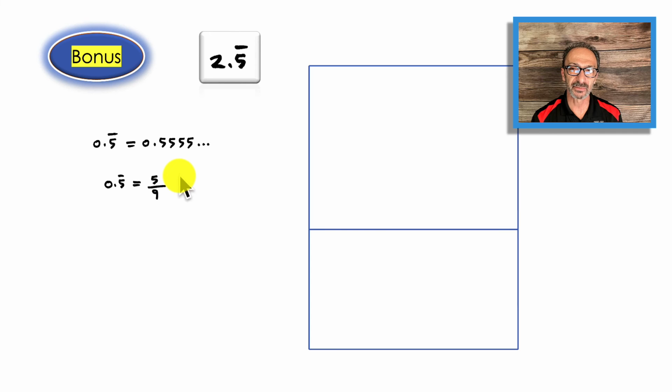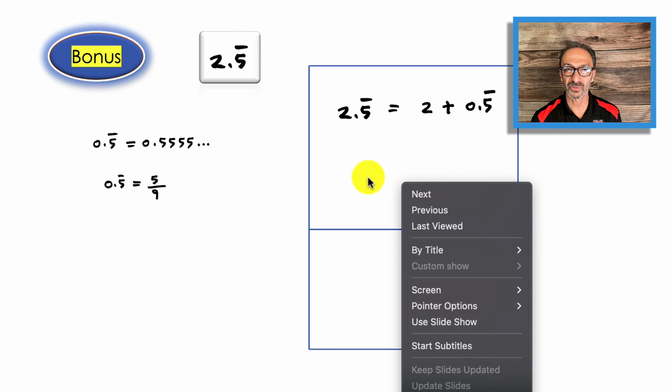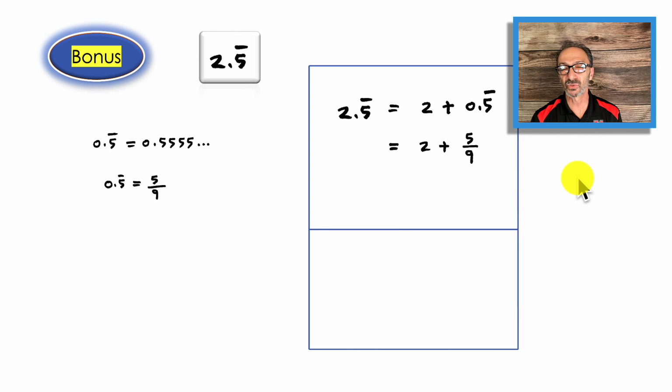So knowing this, I could think about the 2.5 repeating as 2 and, that's my and, which is plus 0.5 repeating, which means 2 plus 5 out of 9, because that is 5 out of 9. Differently, I could say it's 2 and 5 nines without the plus sign, because that means the same thing. 2 plus 5 nines means 2 and 5 nines, which is right here. That's 2 and 5 nines.